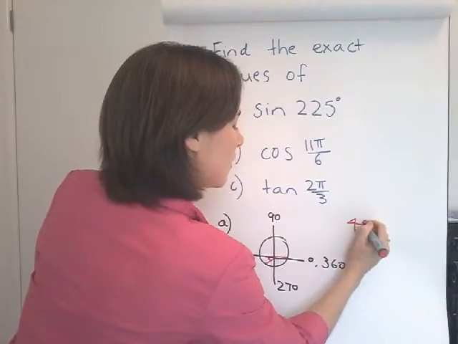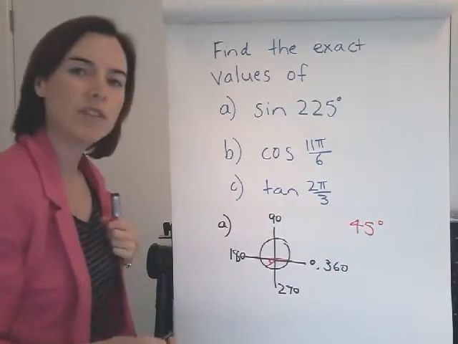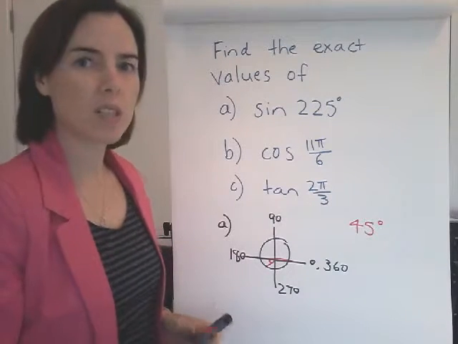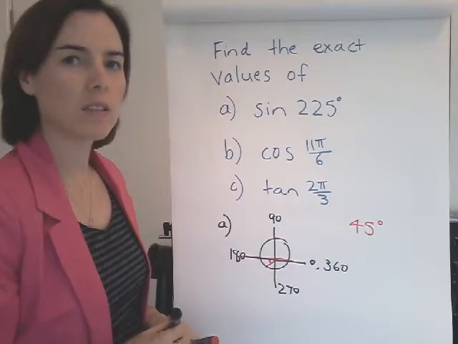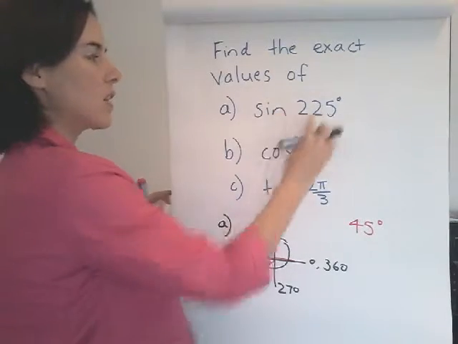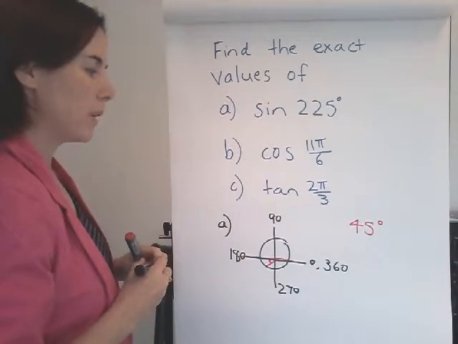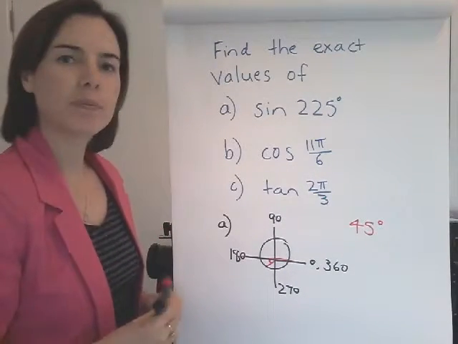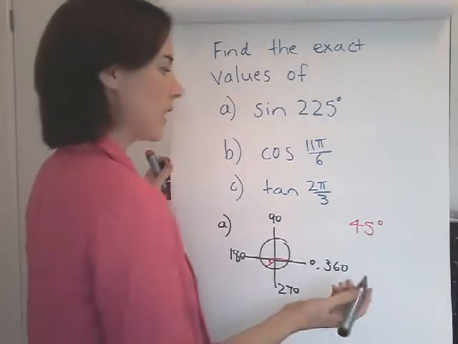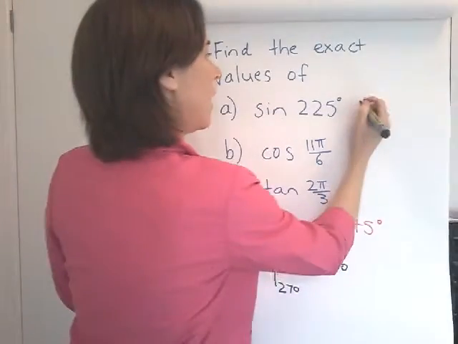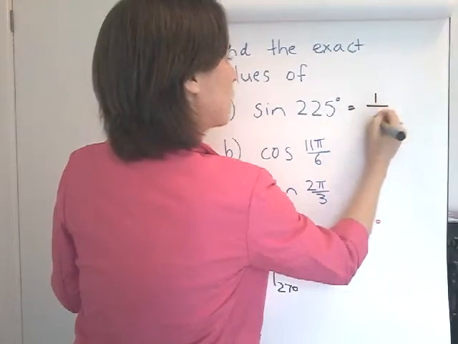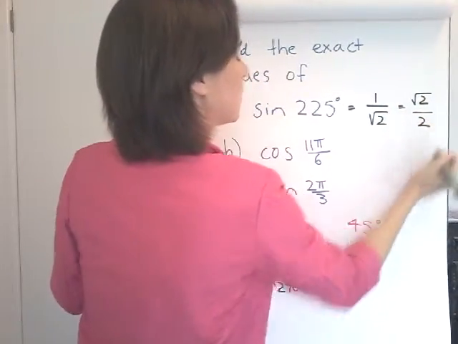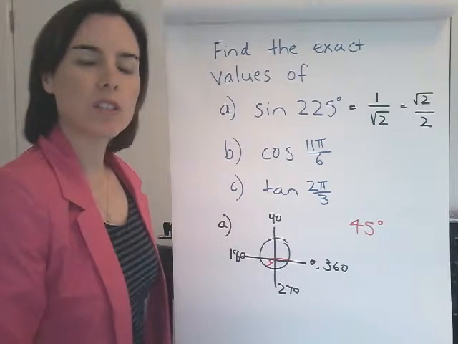Now, it's not necessary to write 45 in your working anywhere, but it's certainly the angle that you're thinking about, because the value of sine 225 will be the same as the value of sine 45. And you've learned last week that sine 45 is 1 on root 2 or root 2 on 2, just depending which way you choose to express it.